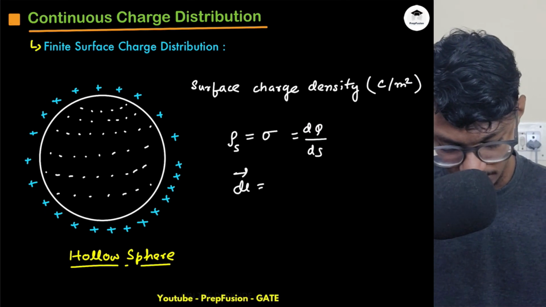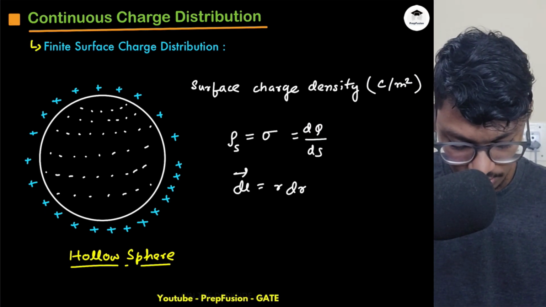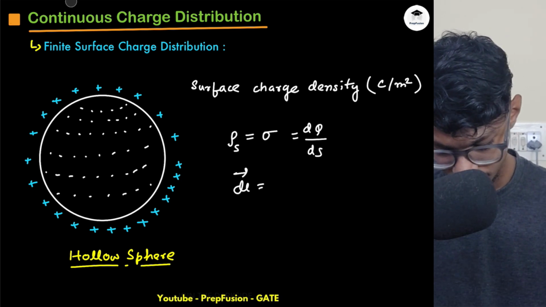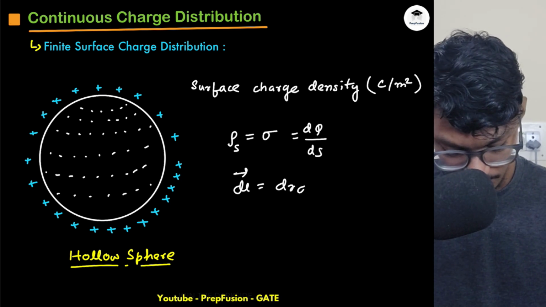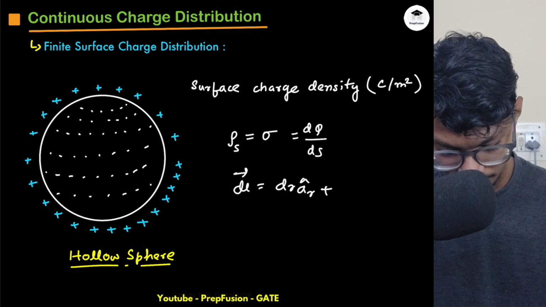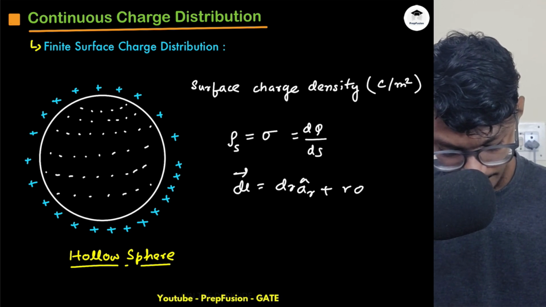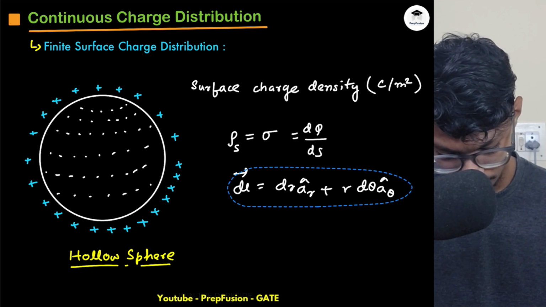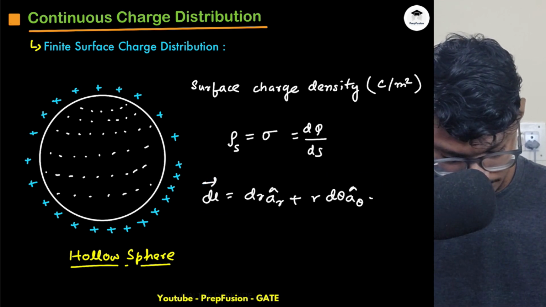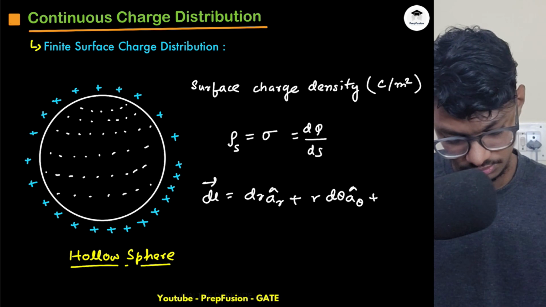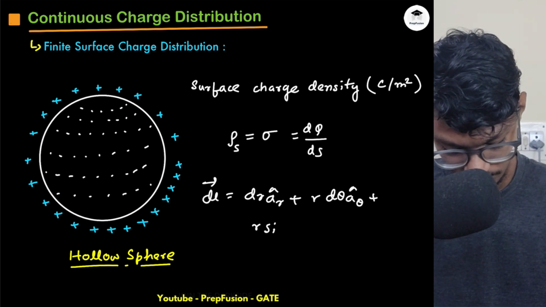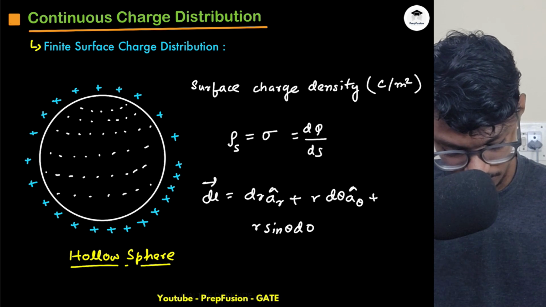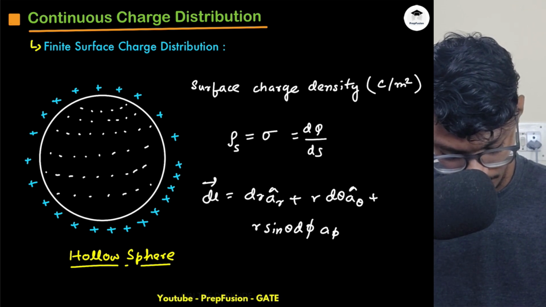Here dl will be dr ar cap plus r d theta a theta cap plus r sin theta d phi a phi cap.